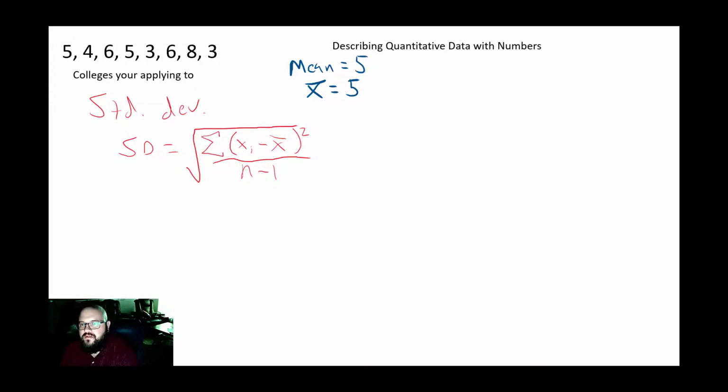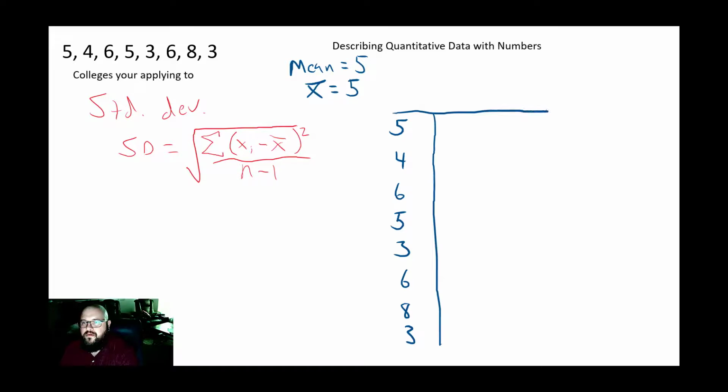Let's go ahead and say the values are 5, 4, 6, 5, 3, 6, 8, 3. Okay. Make a little chart here.